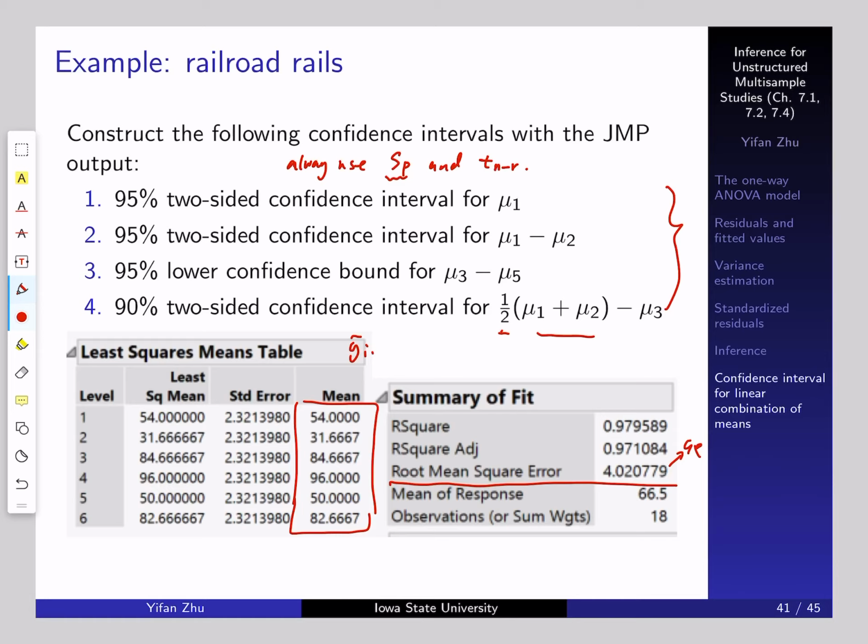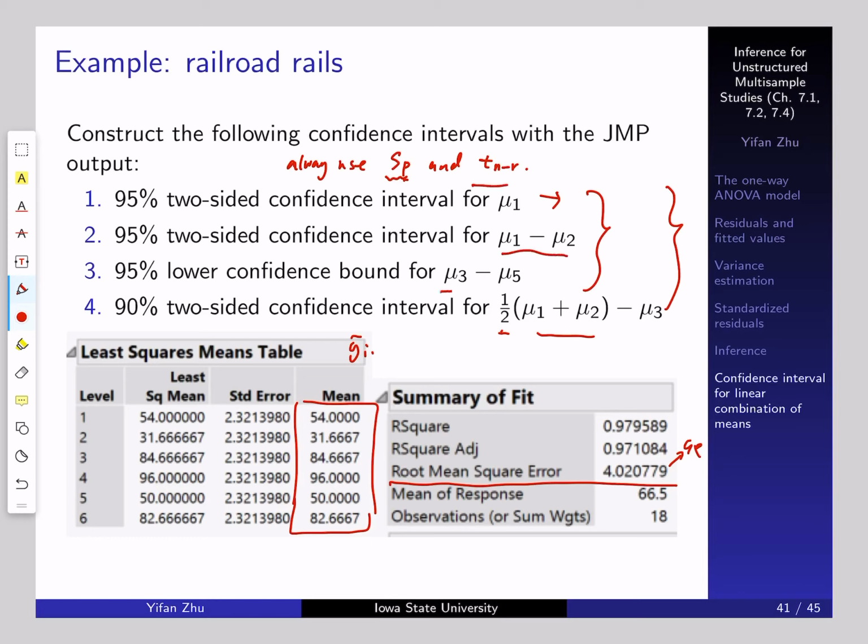Okay. Although for this one, you are only doing a confidence interval for group 1, you still use the pooled sample standard deviation and T n minus R. Okay.